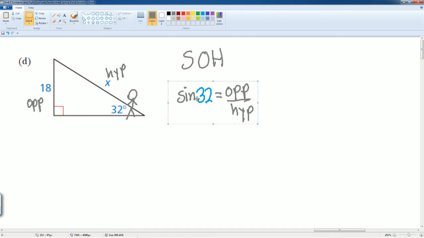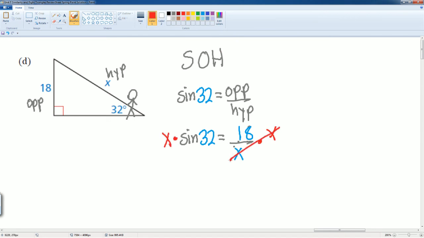Now let's make the substitution and solve. Your opposite is 18, and then your hypotenuse is the value of x. Now let's solve. I'm going to multiply x to both sides.